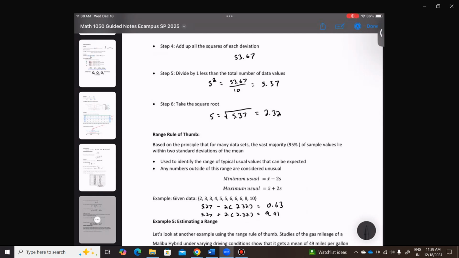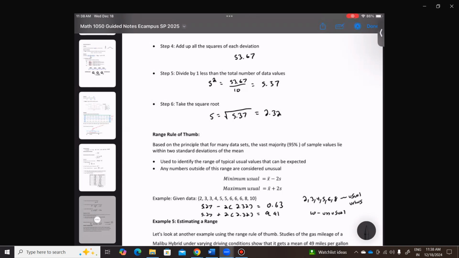So what this means is values of 2, 3, 4, 5, 6, and 8 are all considered usual values. 10 is unusual.